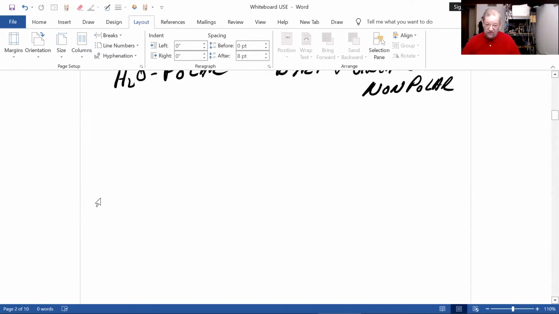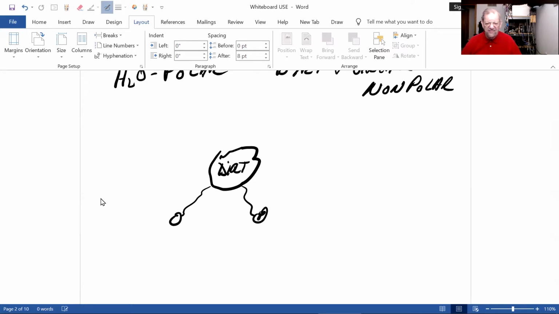Now, again, you should know everything I'm showing you. It's magnifying a little tiny piece of dirt on my hand. And when I take soap and water, the soap, because the nonpolar tail sees dirt that's nonpolar, lines up like this. And a lot of them line up, a lot more than I'm drawing.